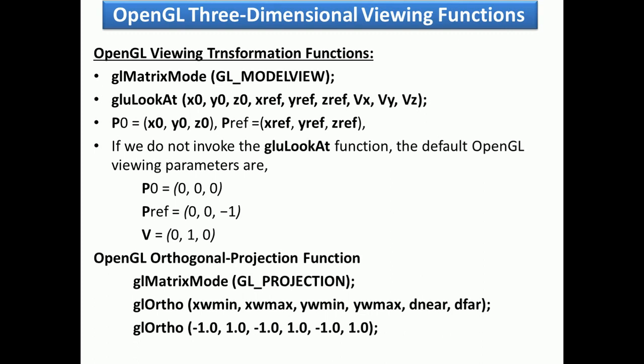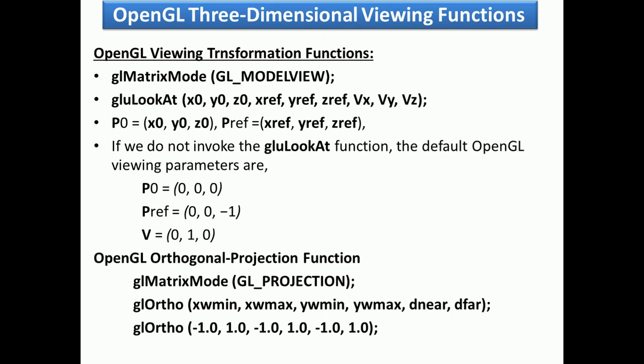So the first set of functions are OpenGL viewing transformation functions. When we designate the viewing parameters in OpenGL, then a matrix is formed and concatenated with the current modelview matrix. Consequently, this viewing matrix is combined with any geometric transformation that we may have also specified.